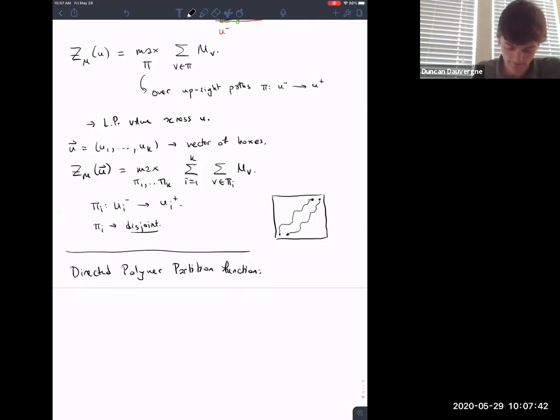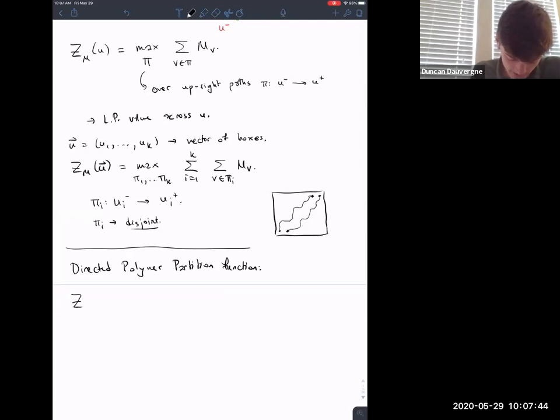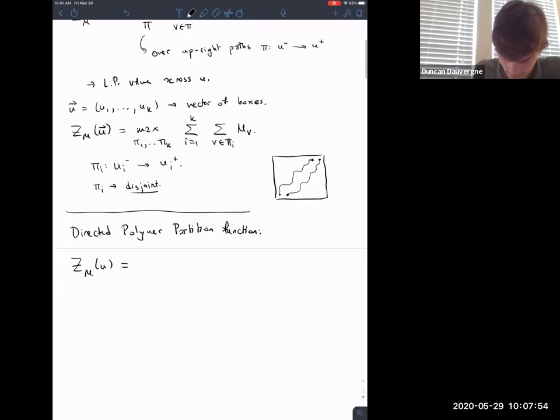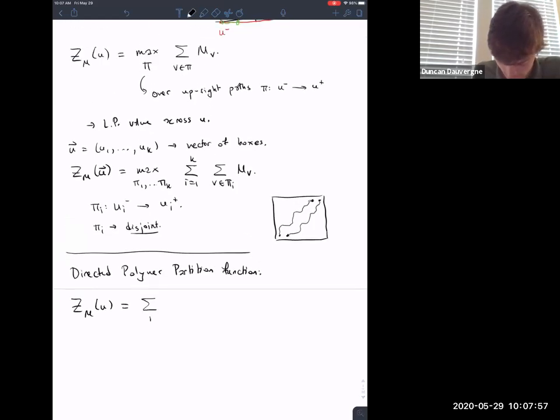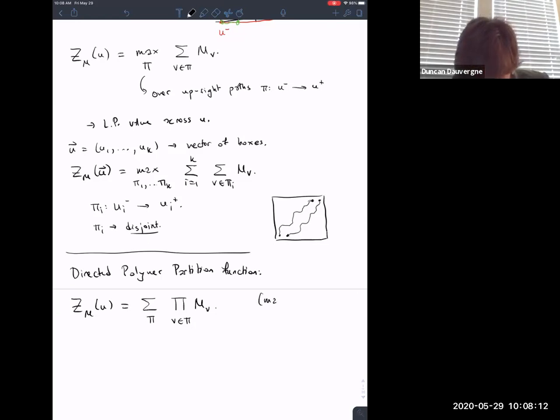So again, we can have this environment, and we define the directed polymer partition function as Zm of U is, instead of the maximum over pi, we look at the sum over all paths pi with the product of the weights replacing the sum of the weights. Okay, so the definitions are exactly the same as in last passage percolation, except we exchange max and plus for plus and times.